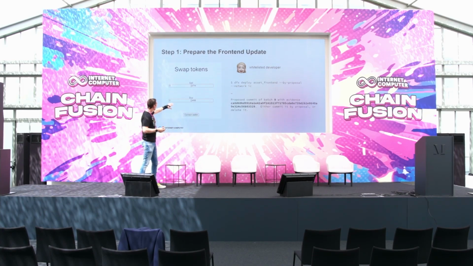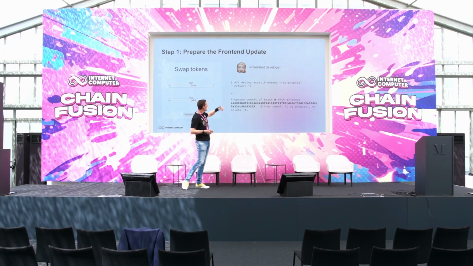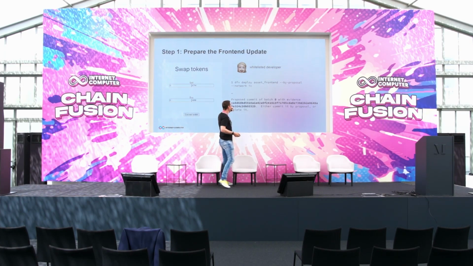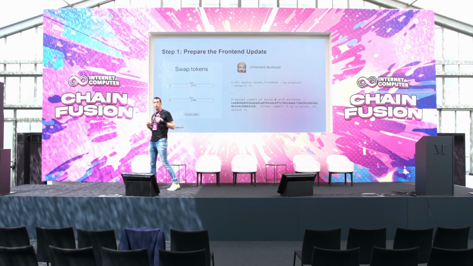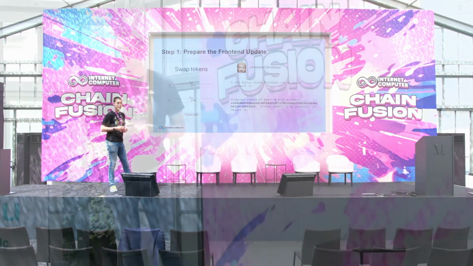You see the old version of the front end is very basic, and now I'm a whitelisted developer, and I just simply run this command here to submit the new version, and I get back this hash here, which is the evidence that I can share with others to verify that what I'm submitting really links to the software that I'm, for example, sharing on GitHub.